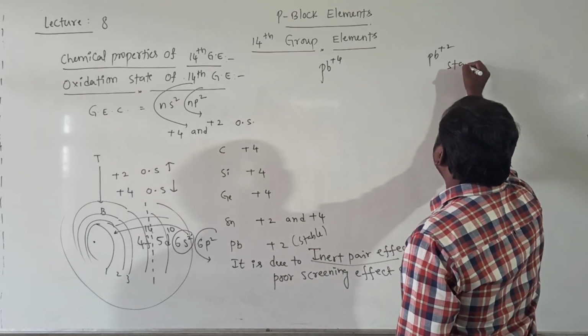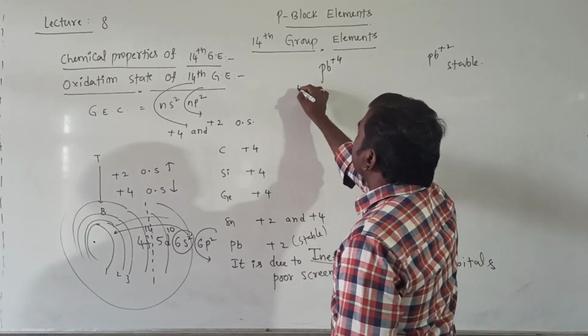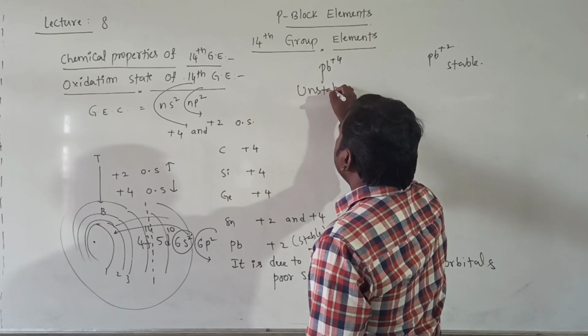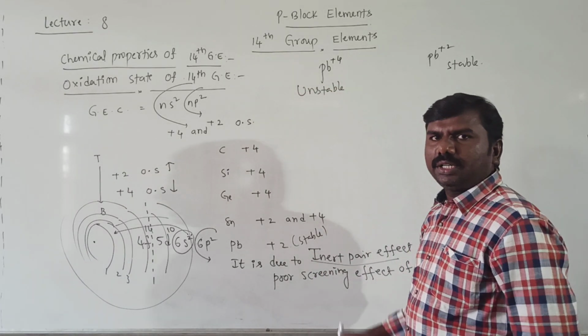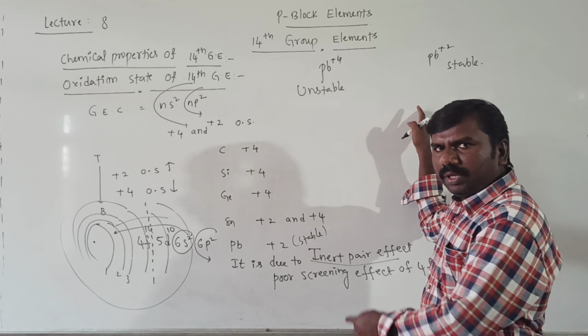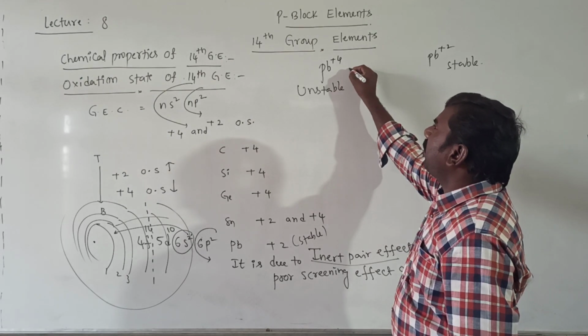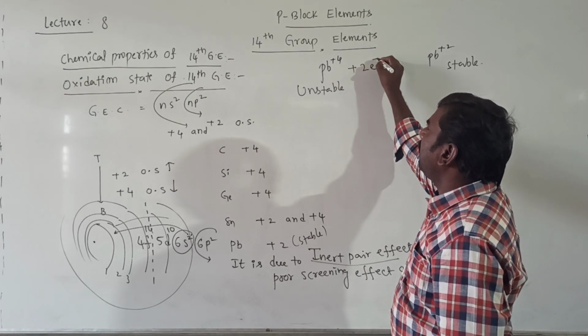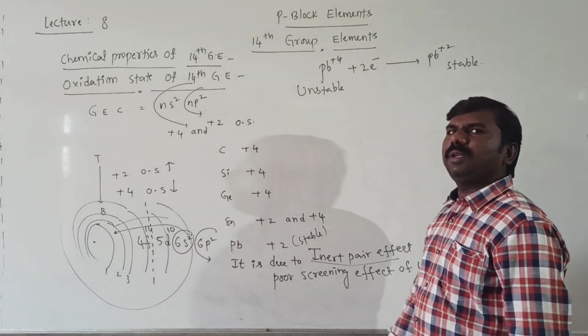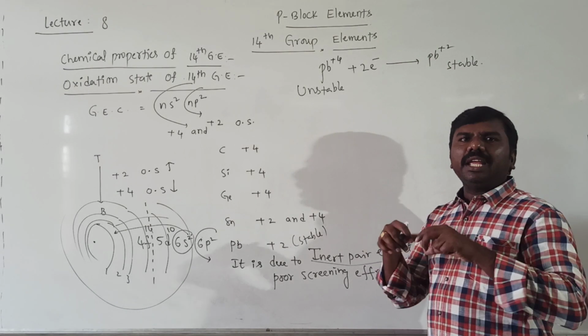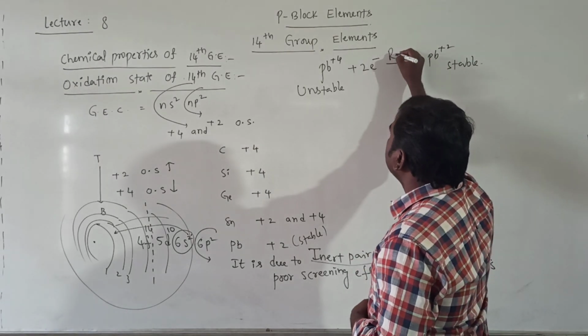Pb plus 4 is unstable due to the inert pair effect. It shows only plus 2 due to the inert pair effect. Pb plus 4 is unstable; by gaining 2 electrons it is converted into Pb plus 2. Gaining means reduction.